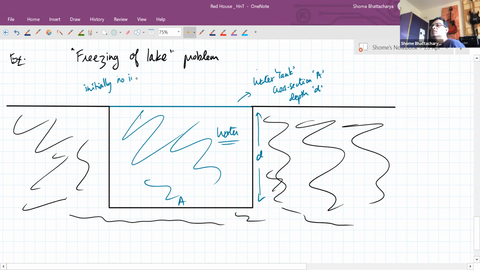There's no ice. But now the surrounding temperature drops to sub-zero.